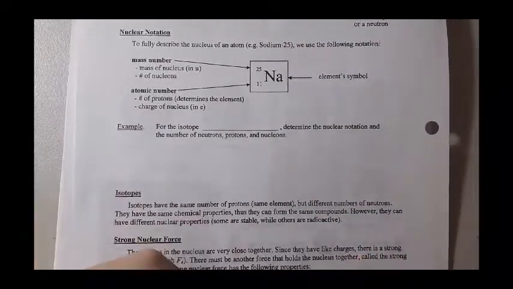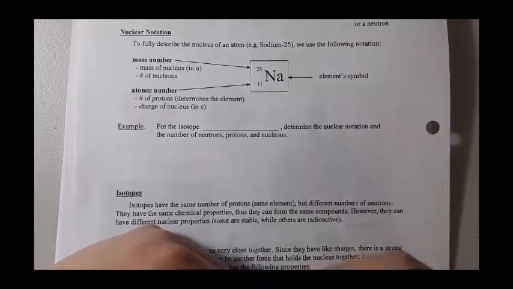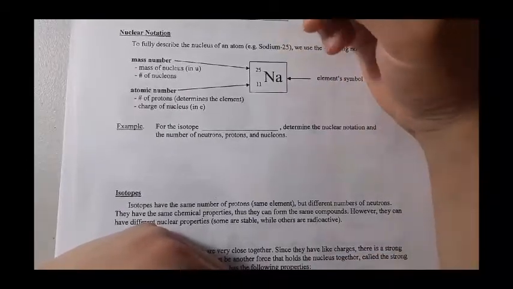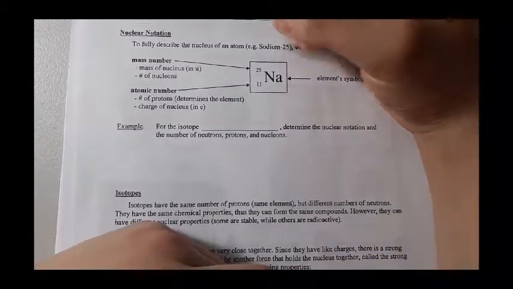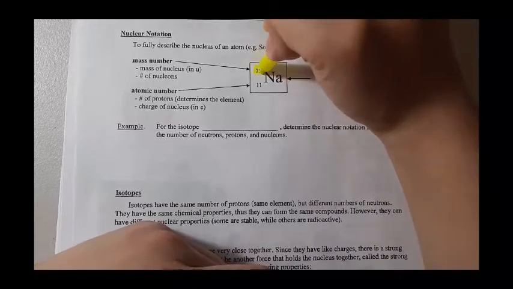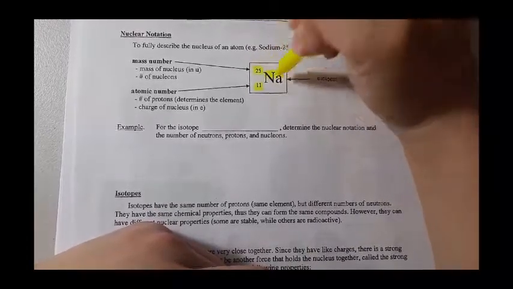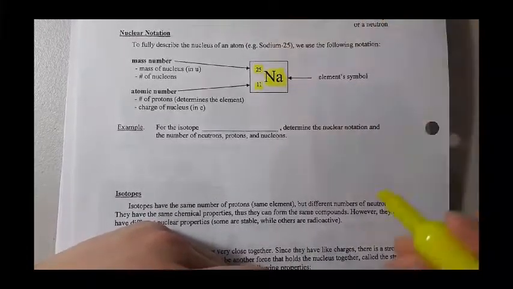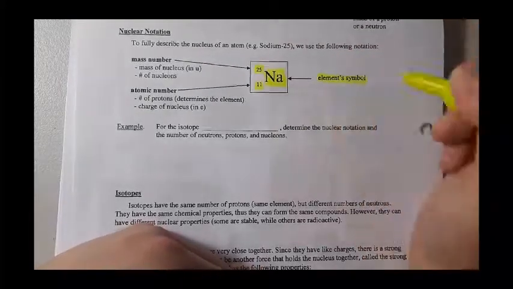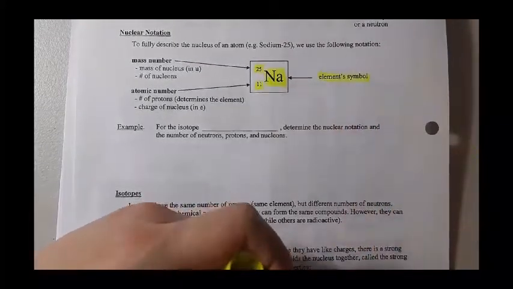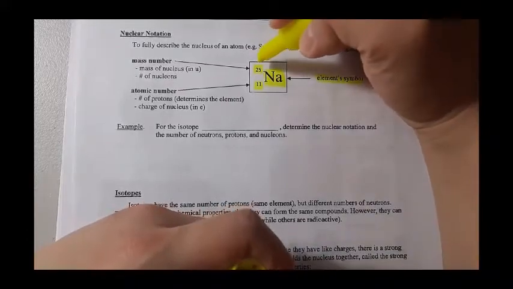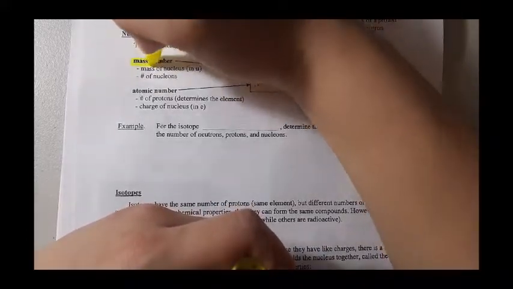Nuclear notation. Some people learn this in Science 10, and I do teach a little bit of this notation. First thing first, the element symbol. You can get it from your periodic table. The number that belongs on top is known as the mass number.